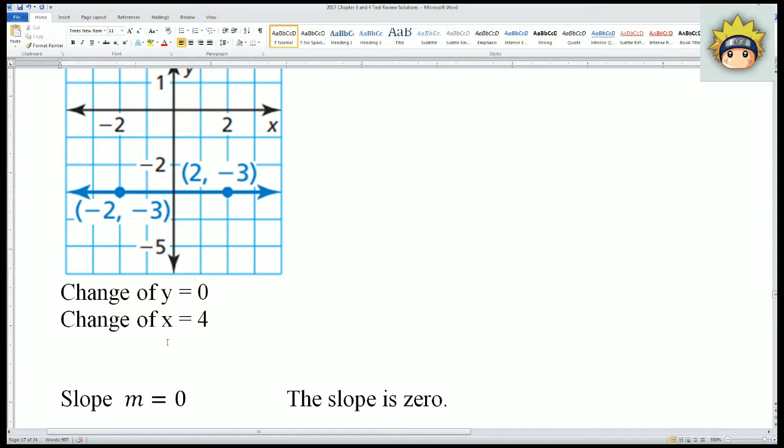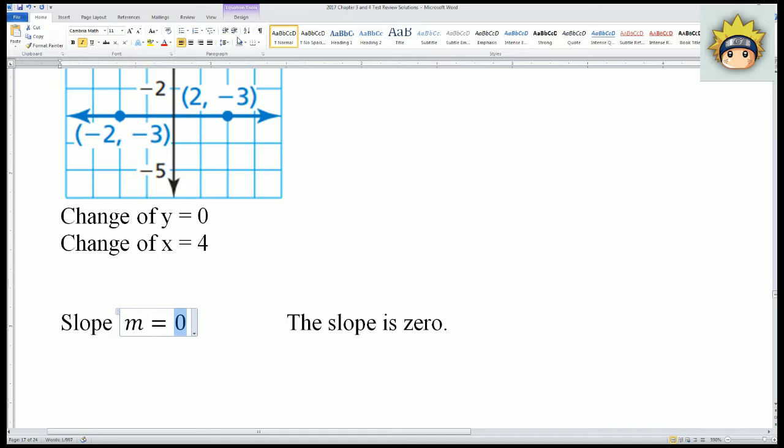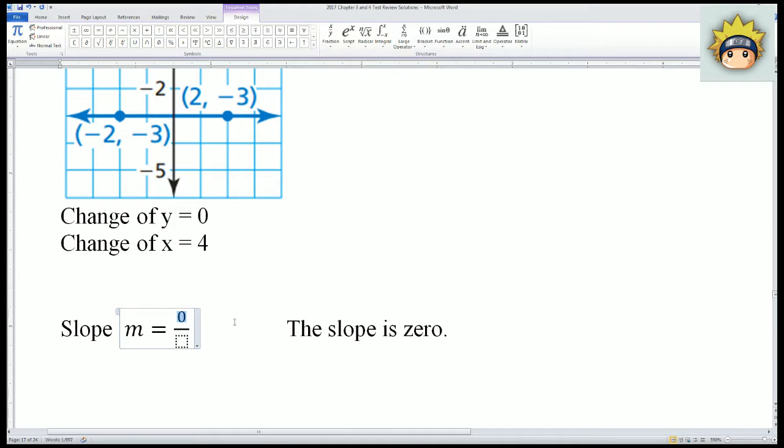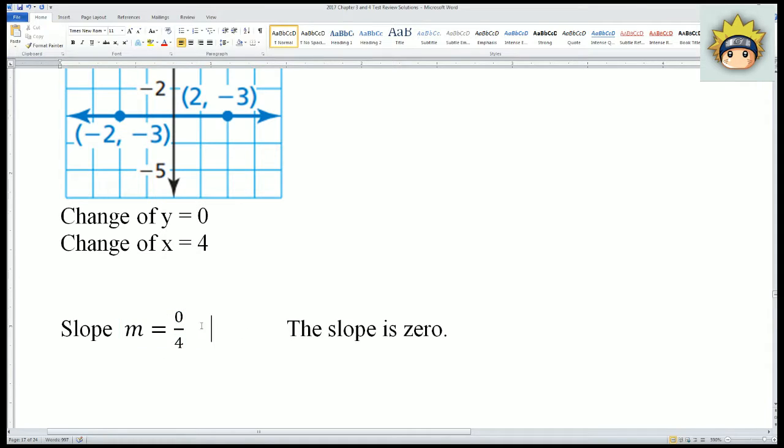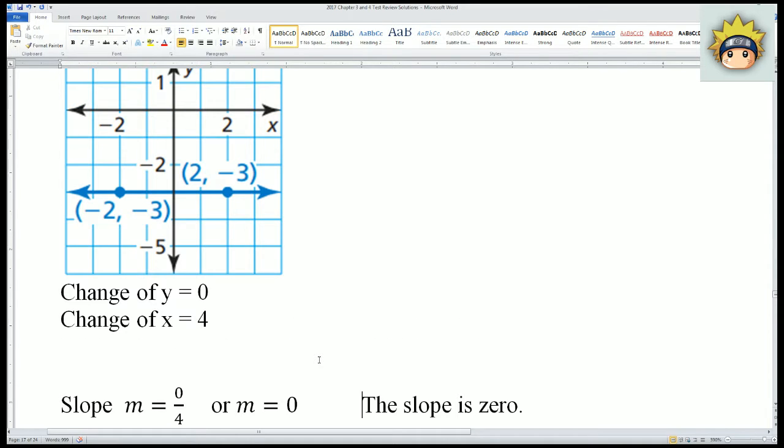So the change of x is equal to 4. If you look at this, it's the change of y, which is 0, divided by the change of x, which is just 4. 0 divided by 4 is just 0. The slope is 0. There you go.